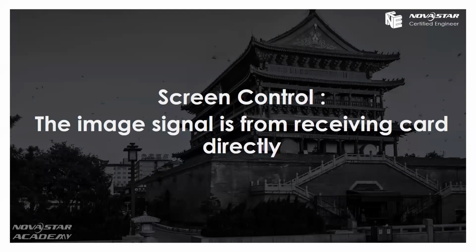But there's no video source during installation. So after we plug in the power cable, we can press the self-test button on the back side, then put on some pure color, and identify whether there are some dead pixels. So the screen control is like pressing the self-test button. The signal is from the receiving card directly, so it does not require a video source.